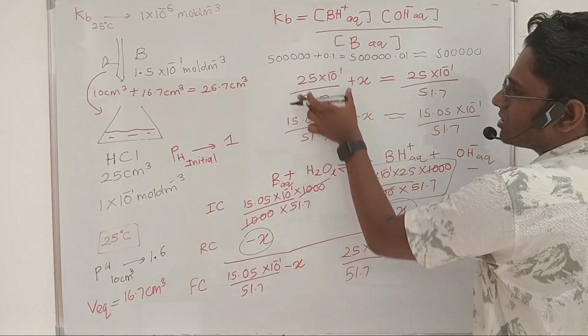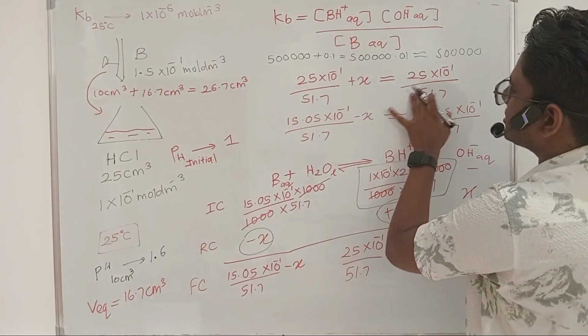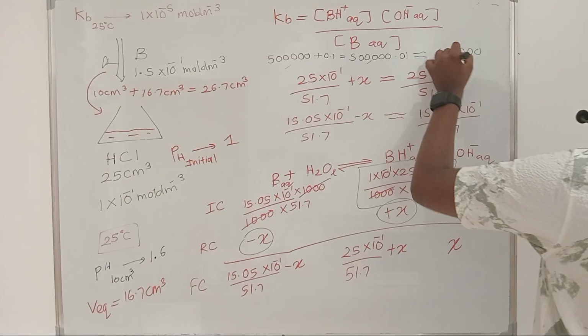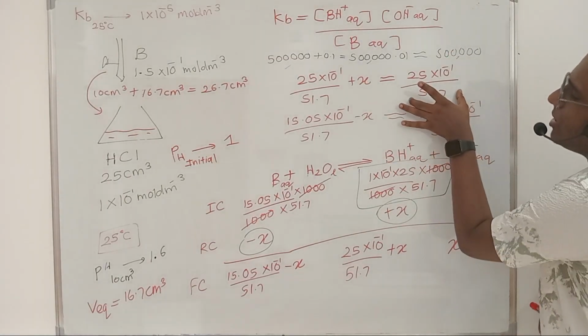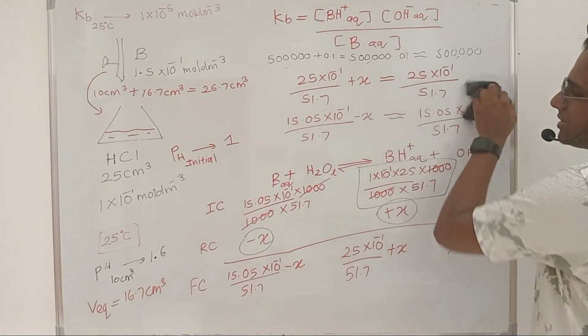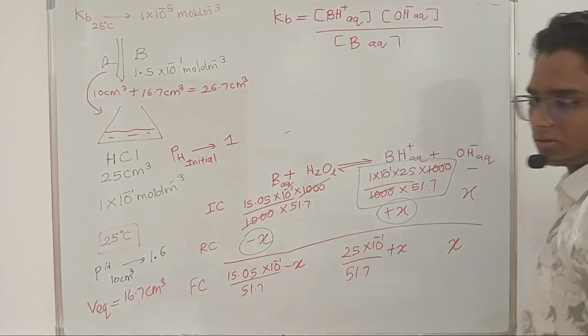Something like this is happening here also. Here this is a larger value compared to this x value, so we can assume this as this value. Same scenario. So we are making this assumption and substituting these values into this expression. That is what we are doing. So you have to write this assumption and substitute that value into the equation.